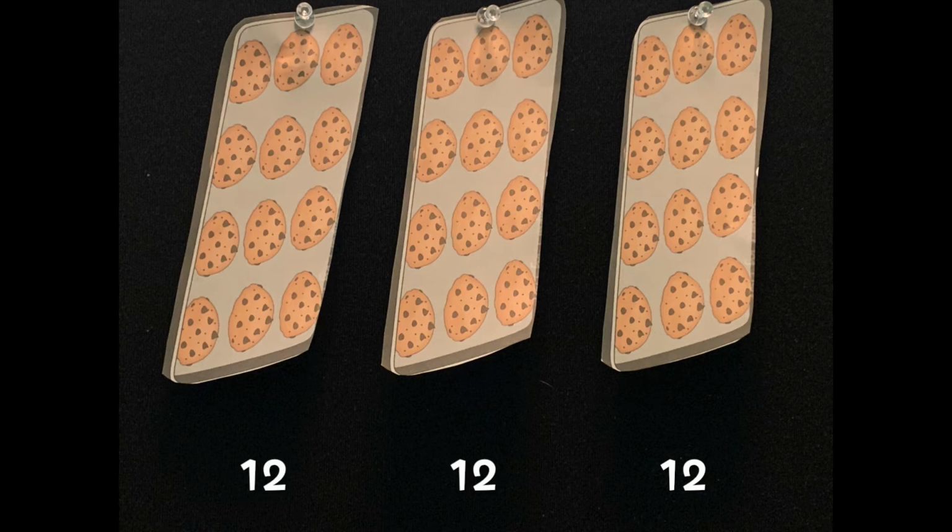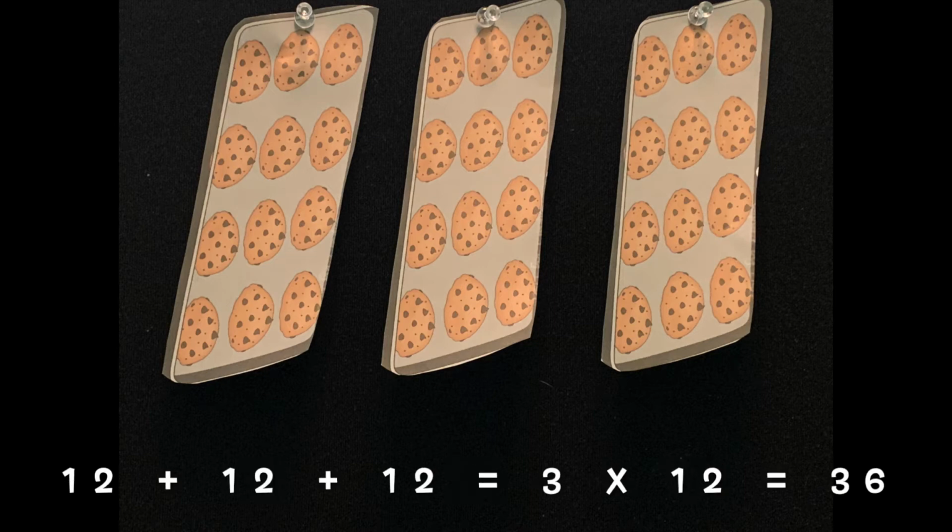Press pause if you need more time. Your number sentence might look like this: 12 cookies plus 12 cookies plus 12 cookies equals 3 batches times 12 cookies, which equals 36. There are a total of 36 cookies.